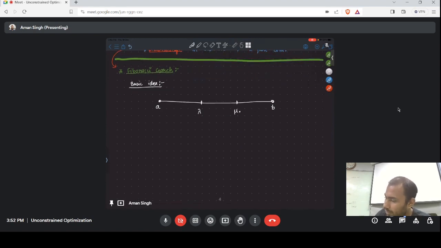Now there are two possibilities. In the next iteration we'll select this interval, or we'll select this interval.